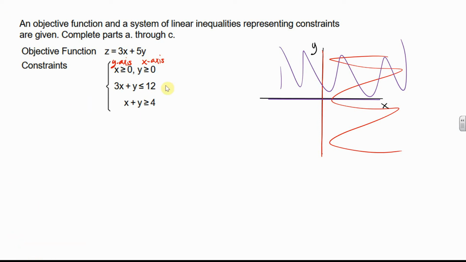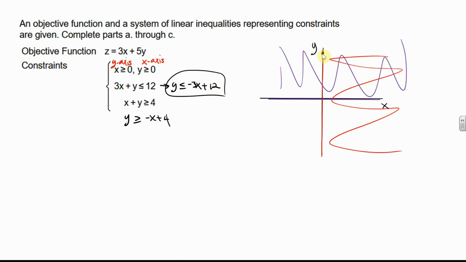So let's look at this guy. This is y is less than or equal to negative 3x plus 12. And then here, this is y greater than or equal to negative x plus 4. Okay. So when we look at this inequality, let's graph it. The y-intercept is 12.